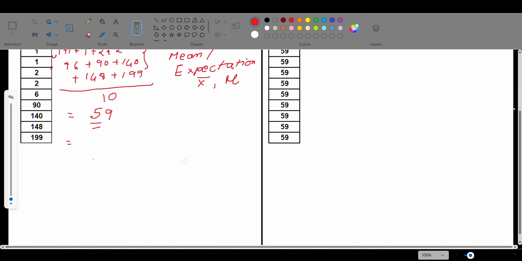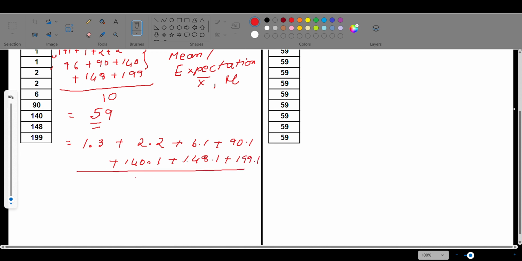So now this, the earlier price could have been written as 1 times 3 because 1 is occurring 3 times, plus 2 times 2 because 2 is occurring 2 times, plus 6 times 1, plus 90 times 1, plus 140 times 1, plus 148 times 1, plus 199 times 1 divided by 10.